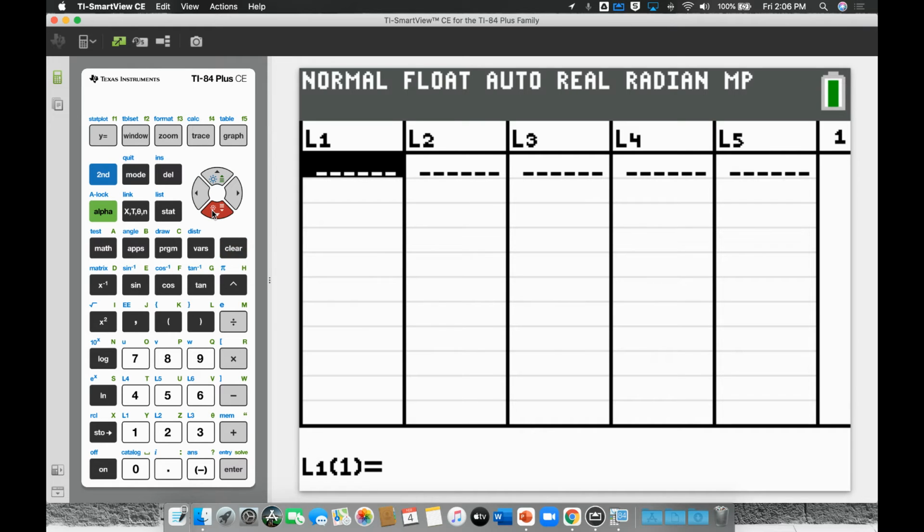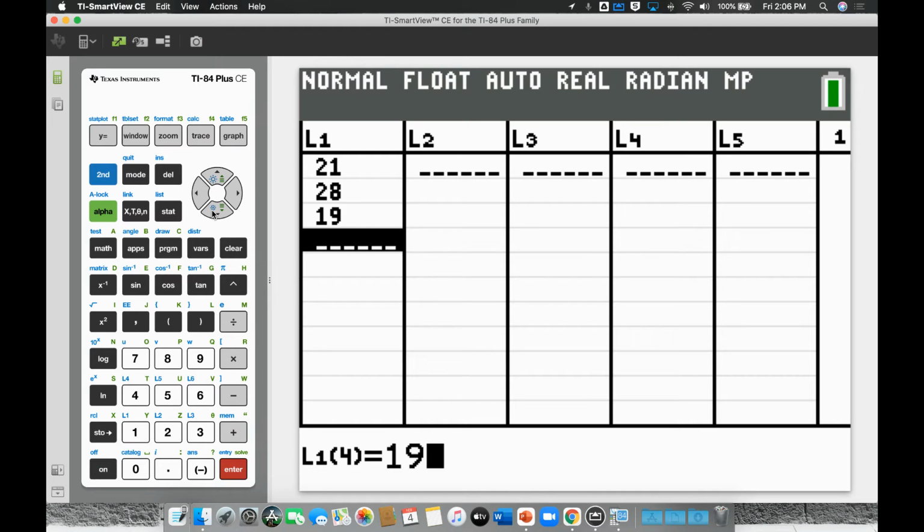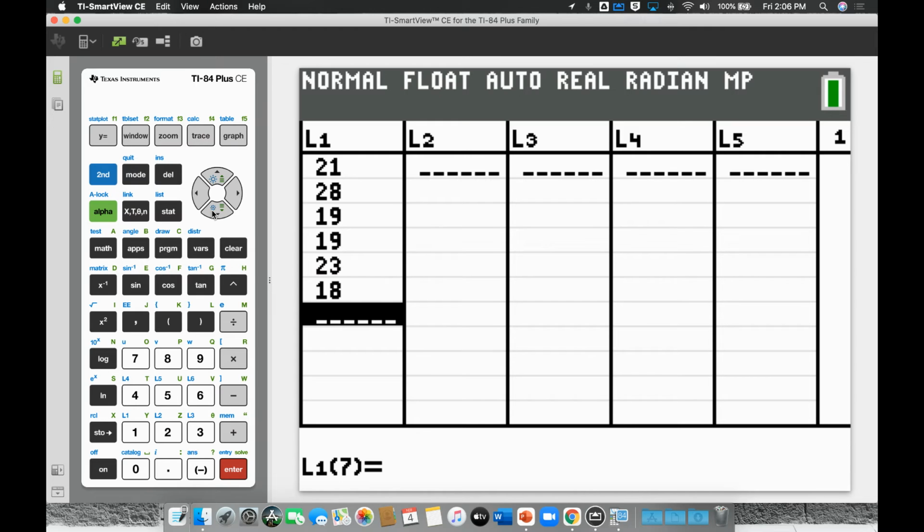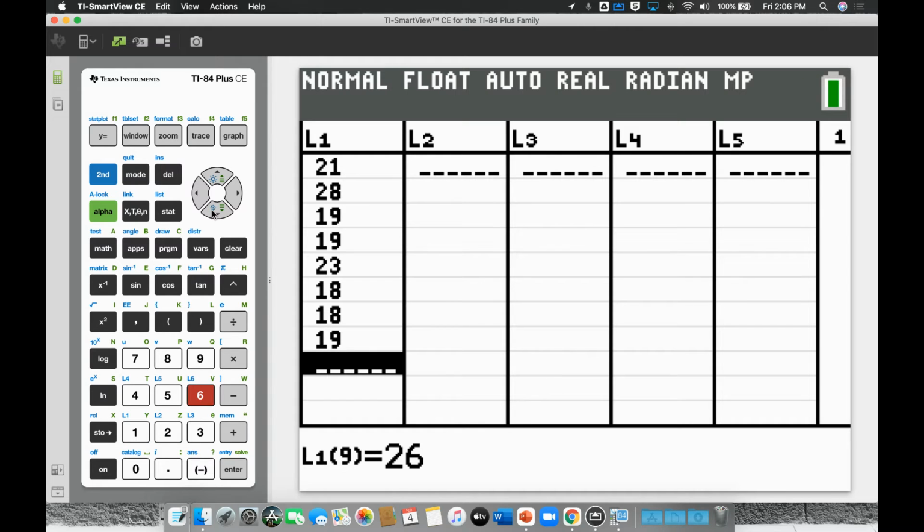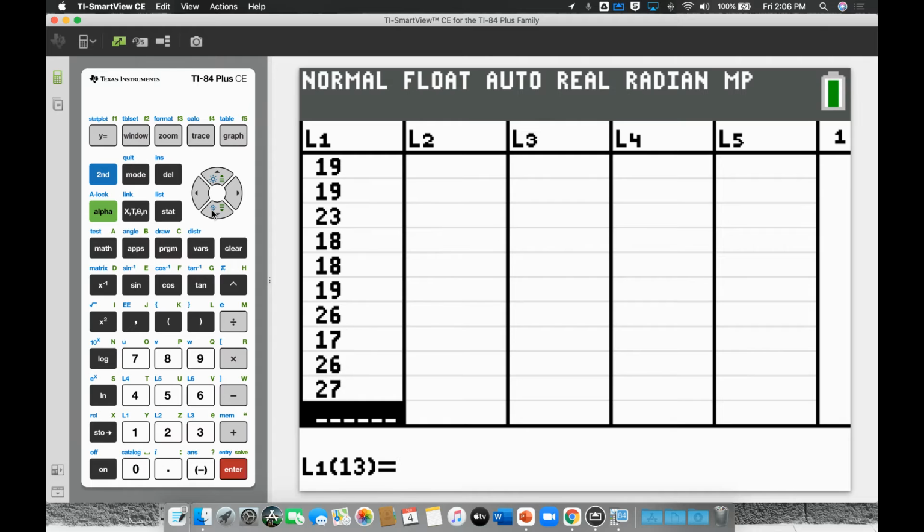So what do we got? 21, 28, 19, 2 19s, 23, 18, and then 18, 19. Okay, 12 numbers total.